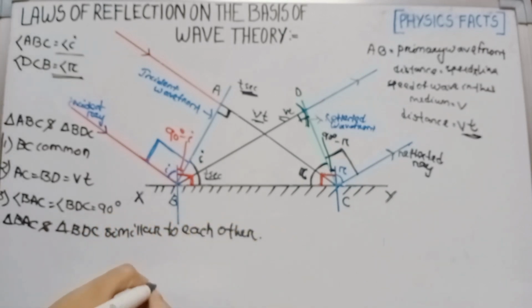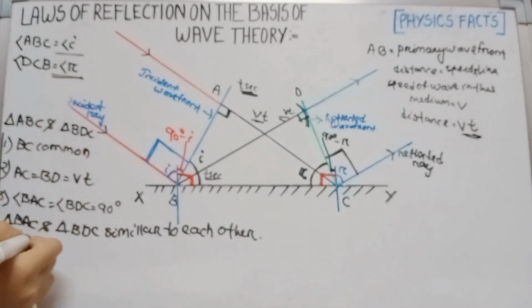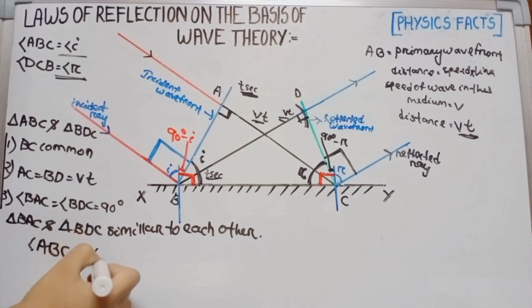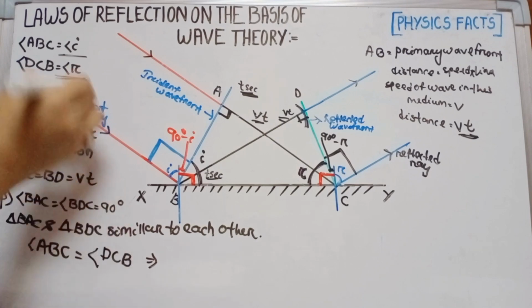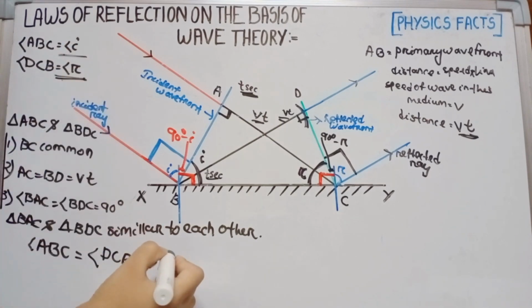That means angle ABC equals DCB. That means here ABC is the angle of incidence, DCB is the angle of reflection. That means angle i is equal to angle r.